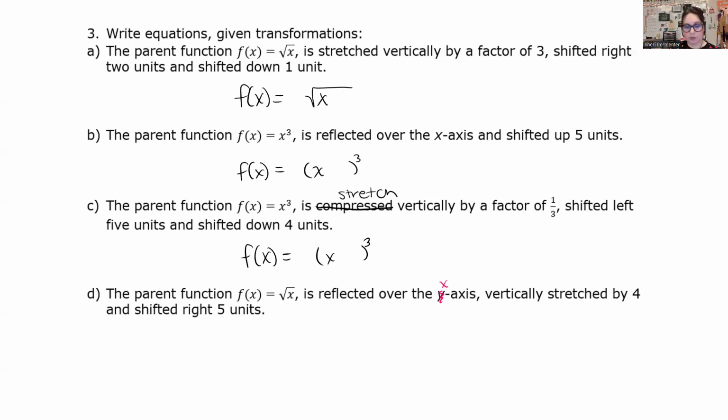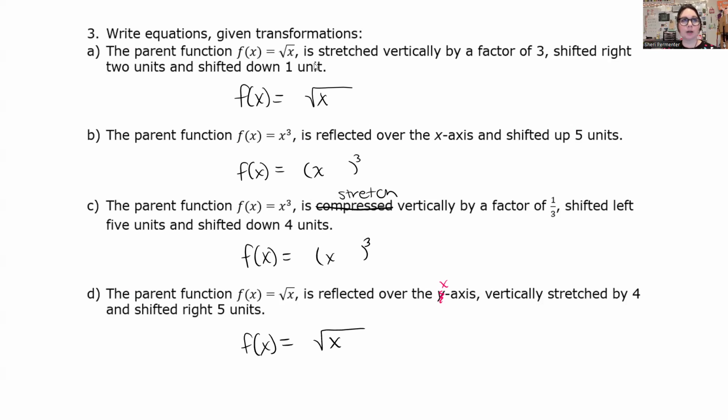For the last one, square root. So this is my basic template to make an equation. Space for a, h, and k, whether it's a square root or a cubic.